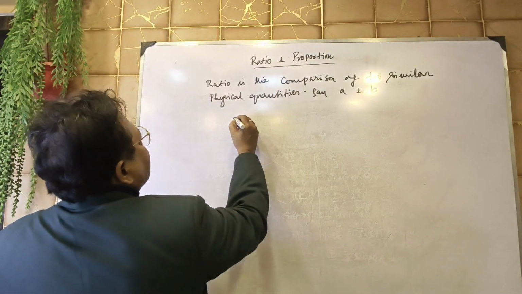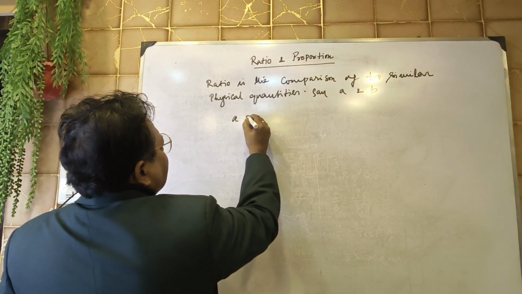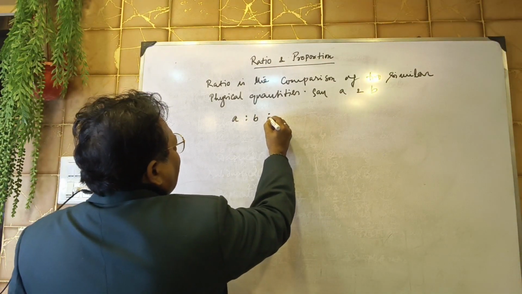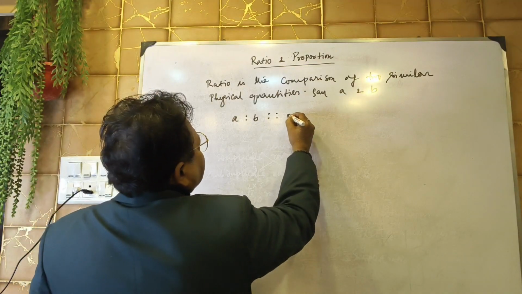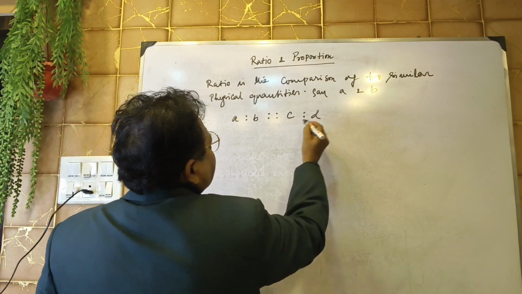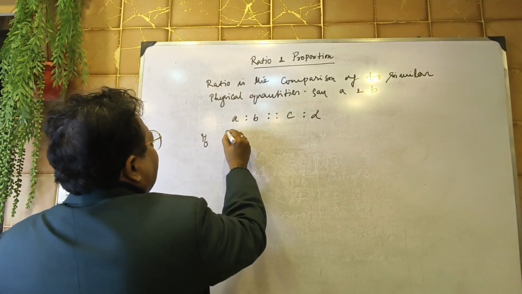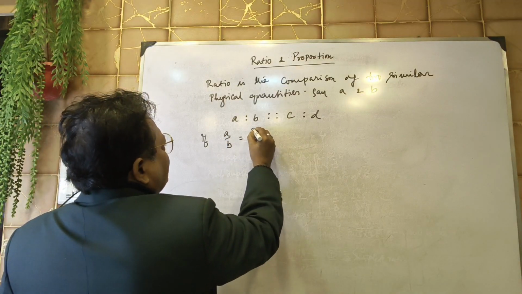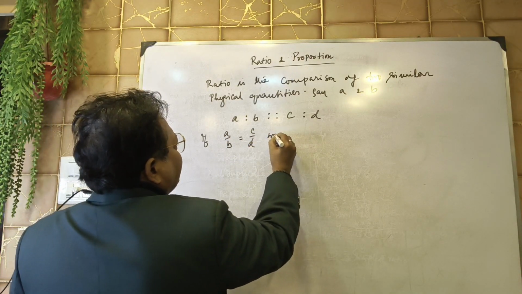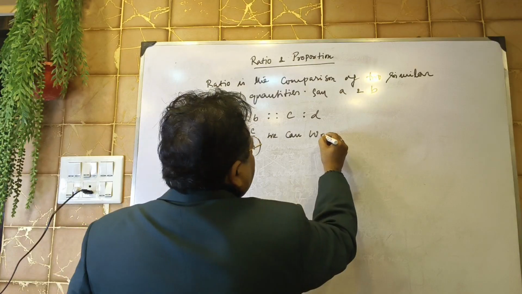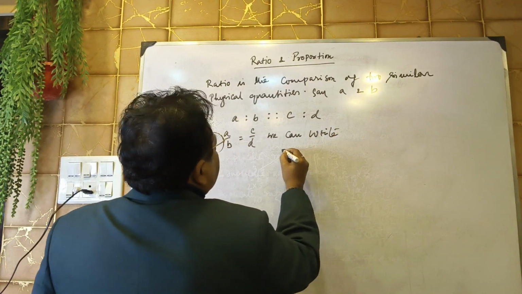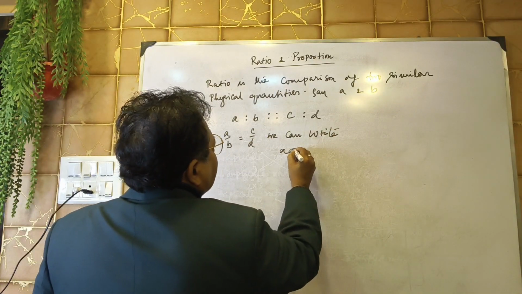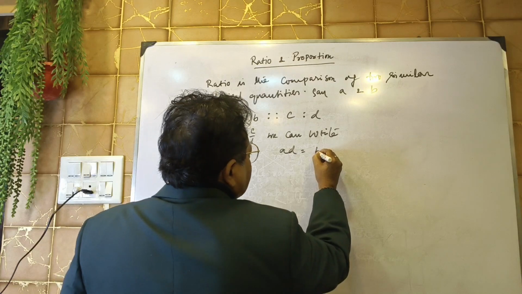Suppose A is to B equal to C is to D. That is, if A by B equals C by D, we can write AD is equal to BC.